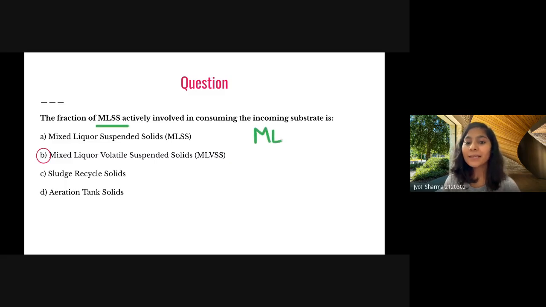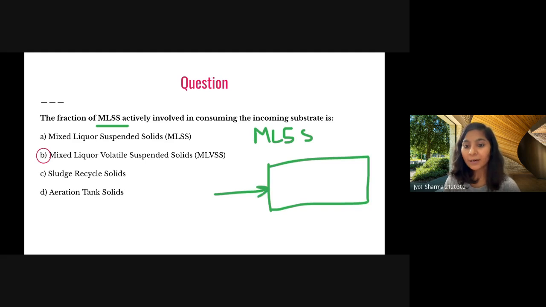MLSS is nothing but the contents of the aeration tank. We have an aeration tank in which wastewater comes in, and then slightly purified water goes out. In this aeration tank we have microorganisms, and we have liquid.